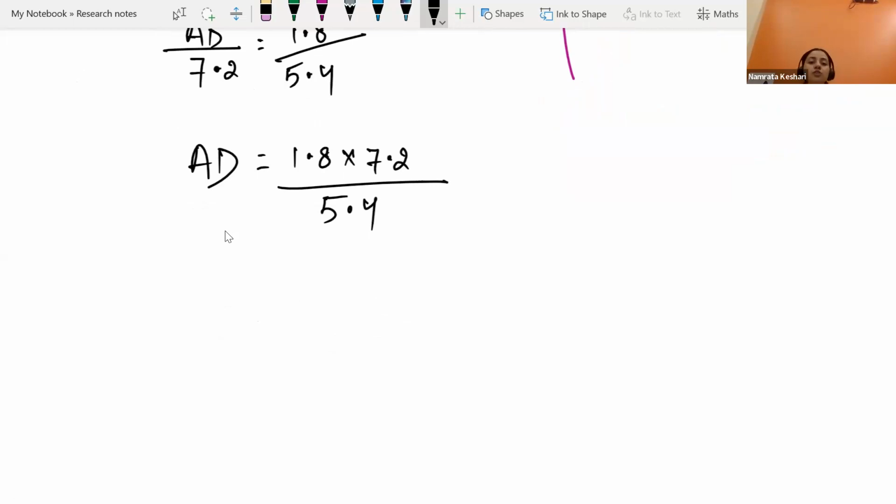Each of these numbers requires multiplication by 10 to remove the decimal. So in the numerator, we multiply by 10 into 10. And in the denominator, are we going to multiply with only 10?